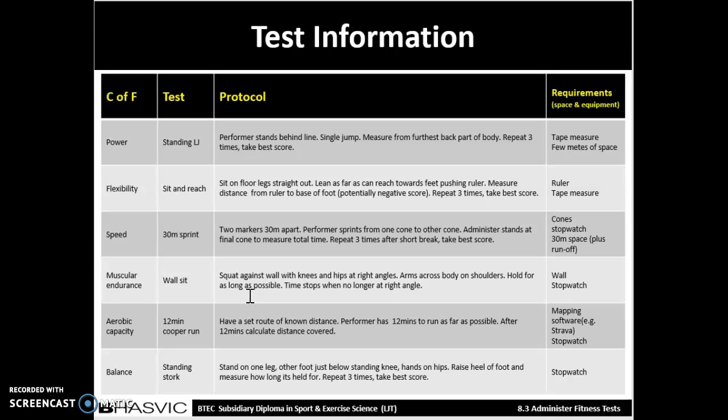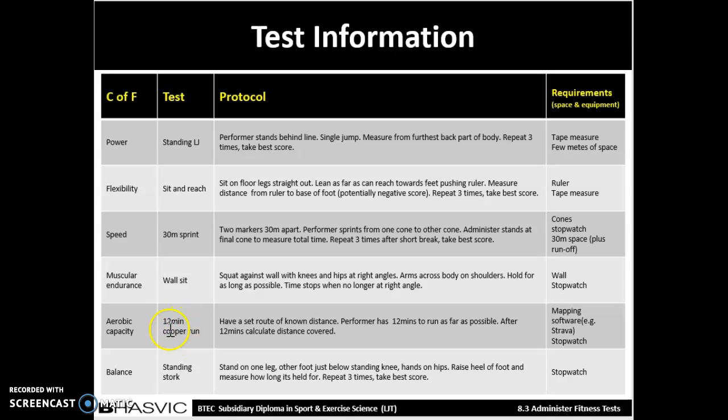So it's purely measuring the muscular endurance in their leg muscles, and they would have to hold this for as long as possible. Since this is a maximum test, I'll only measure this once and take that score, and the time stops when their legs are no longer at a right angle, so when they start to give up. For this I just need a wall and a stopwatch.